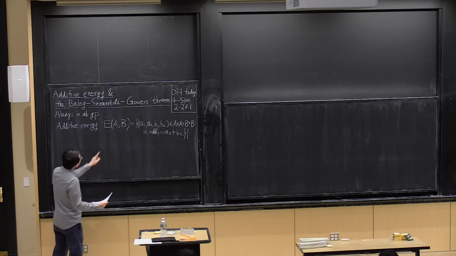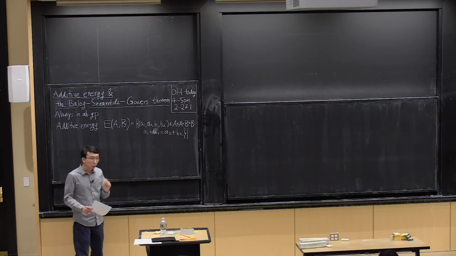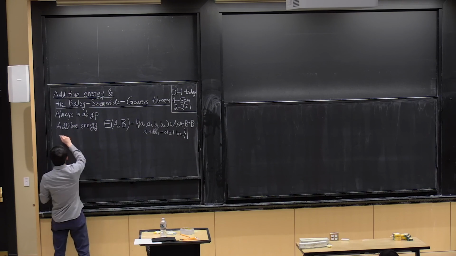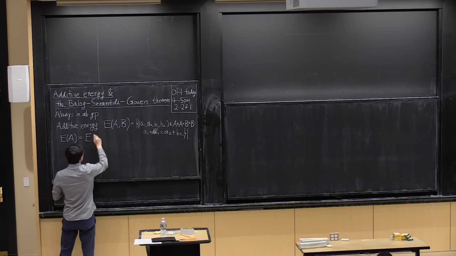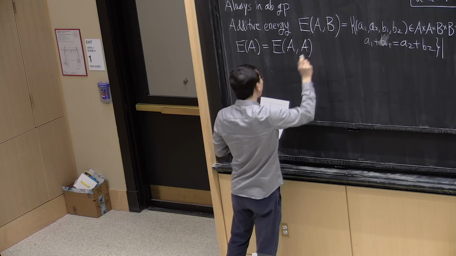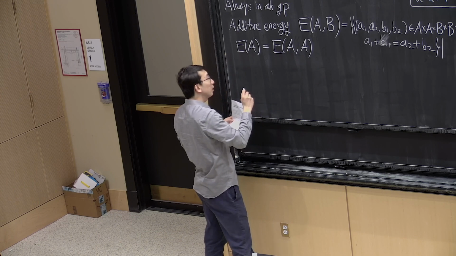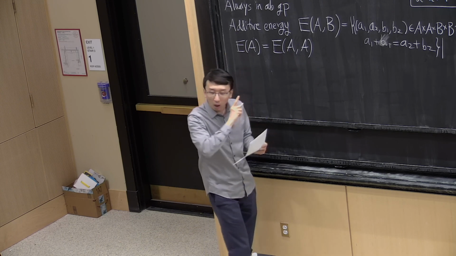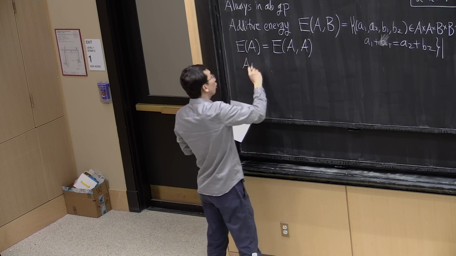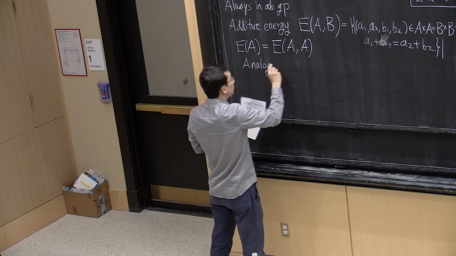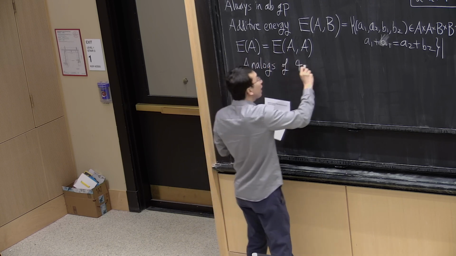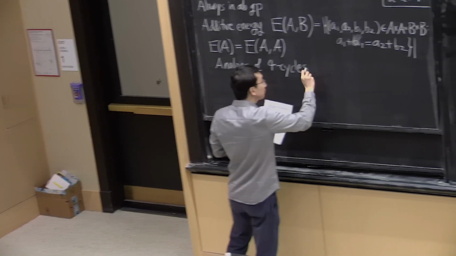Okay. When you have not two sets, but just one set, it's slightly easier to think about. We just write E of A to mean E of A comma A. And these objects are analogous to four cycles in graph theory, right?